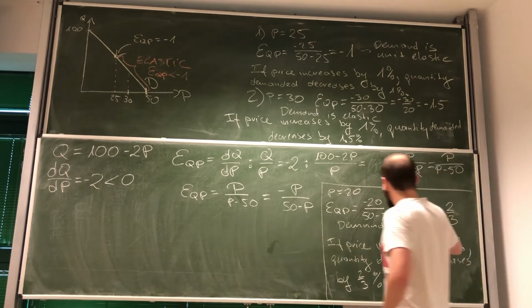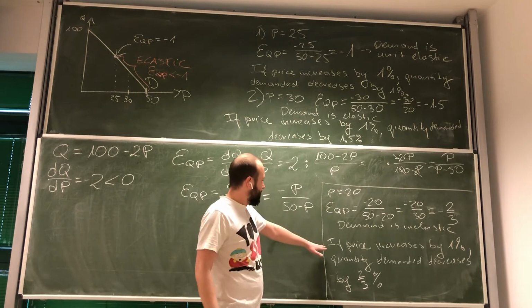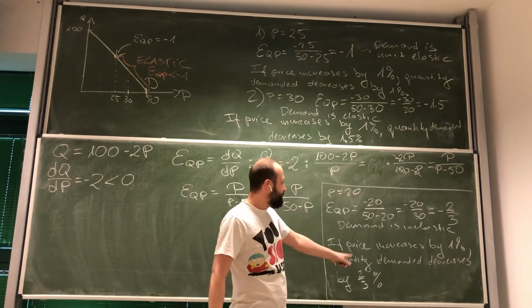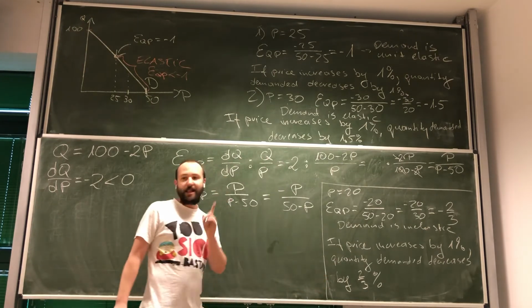Okay, so look, we see that in this case, if price increases by 1%, quantity demanded decreases by less than 1%.